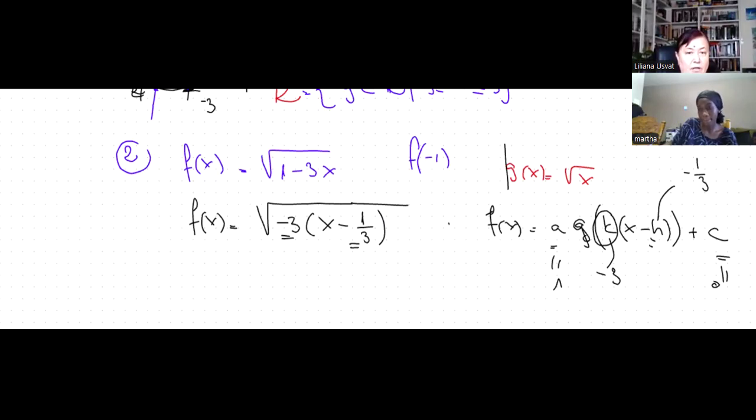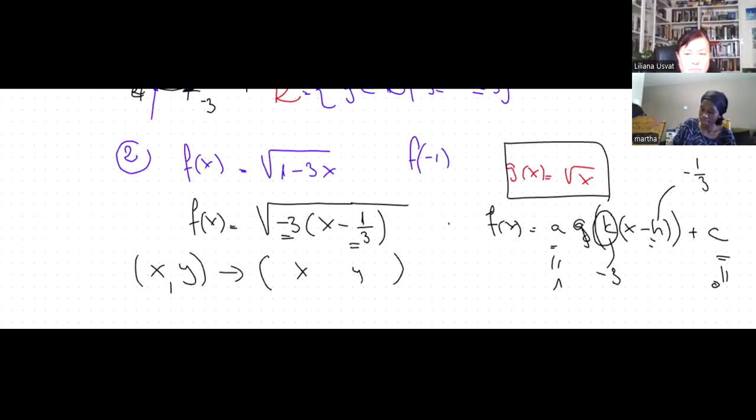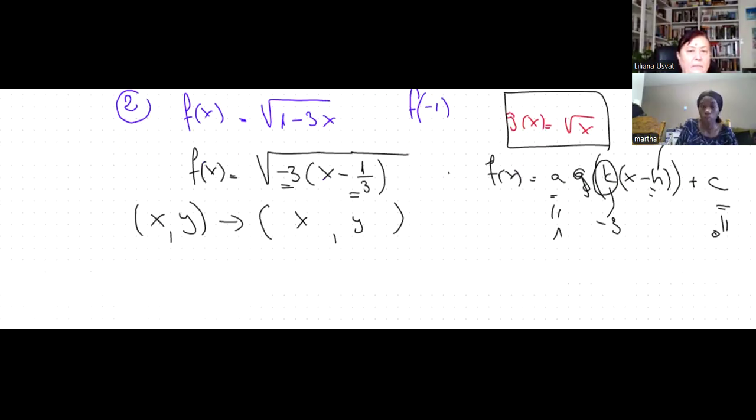And then we can do the mapping notation to get from the basic function to the new function. So how do we get there? From (x, y), we get to a new x and a new y. x is affected by this 3, so it's minus 1 over 3.